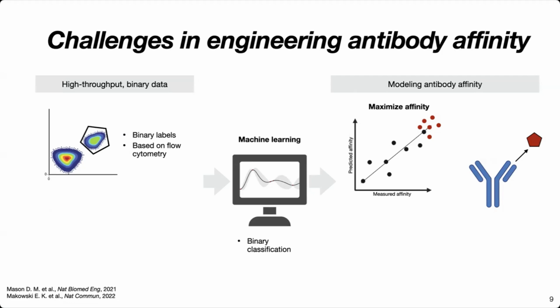In antibody affinity engineering, typically people use a high throughput method based on flow cytometry, which can generate large amounts of sequence function labels, but usually they're binary. Then you can train a binary classification model, and overall, very often or most of the times, the goal is to maximize the antibody's affinity towards the target antigen.